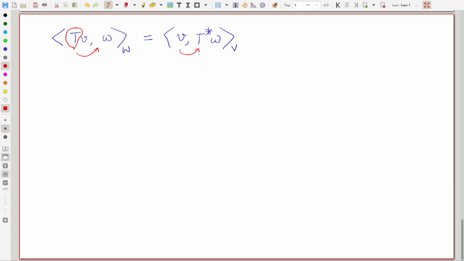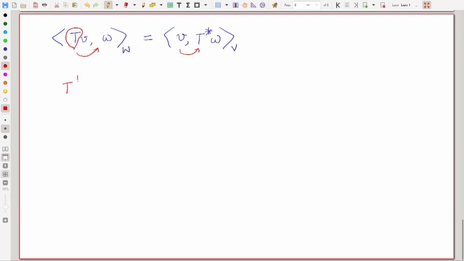It becomes a different operator. If you attempt to move the T from the left side to the right side, you can do it, except you have to replace T by this different operator called T*. So in particular, T** is T.